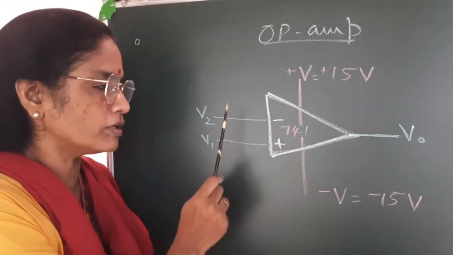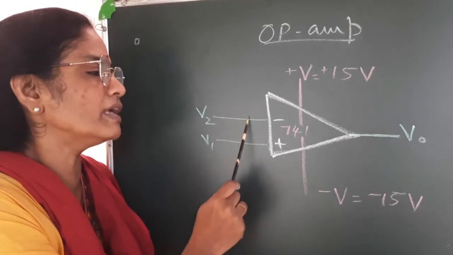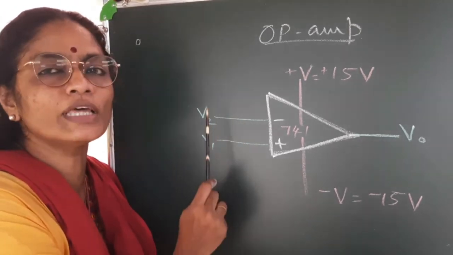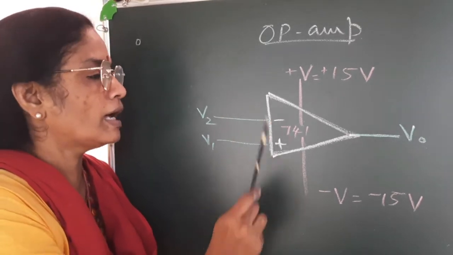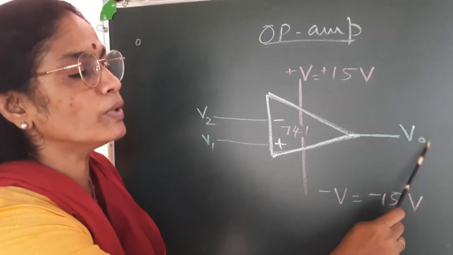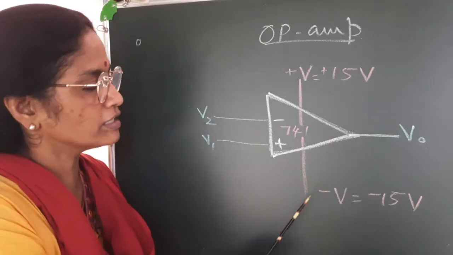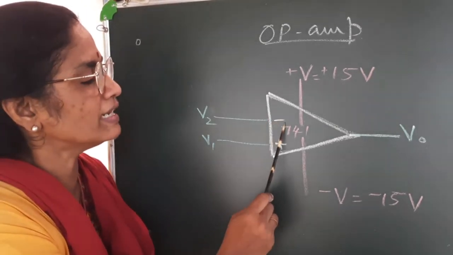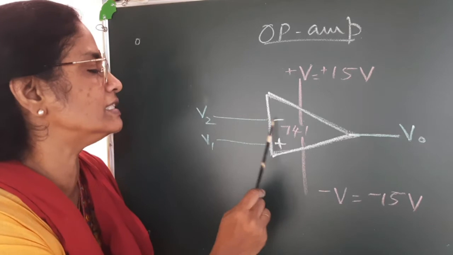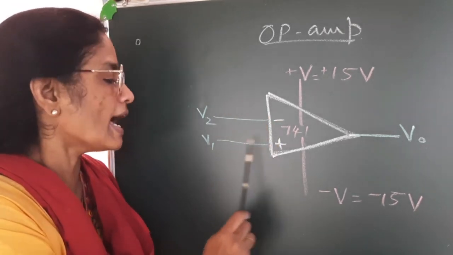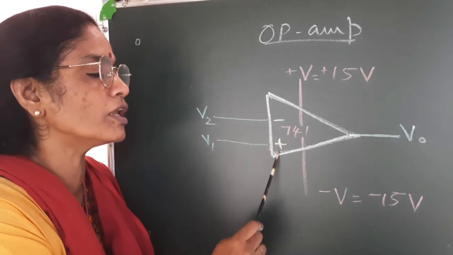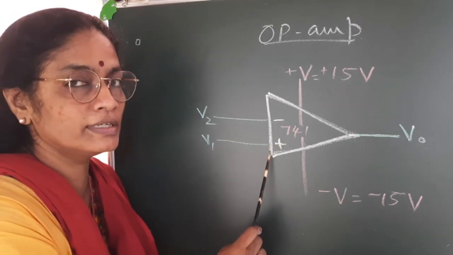We have already discussed that we give a differential input. So, there will be two inputs V1 and V2, and the output is V out. The minus sign shows that this is the inverting input. We will discuss what that is, and this input is known as the non-inverting input.